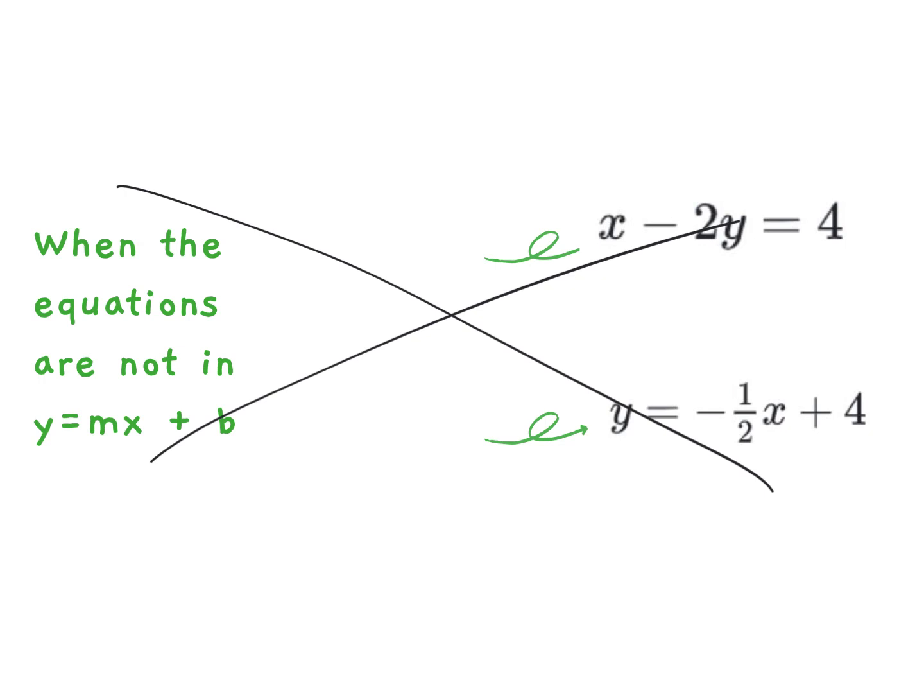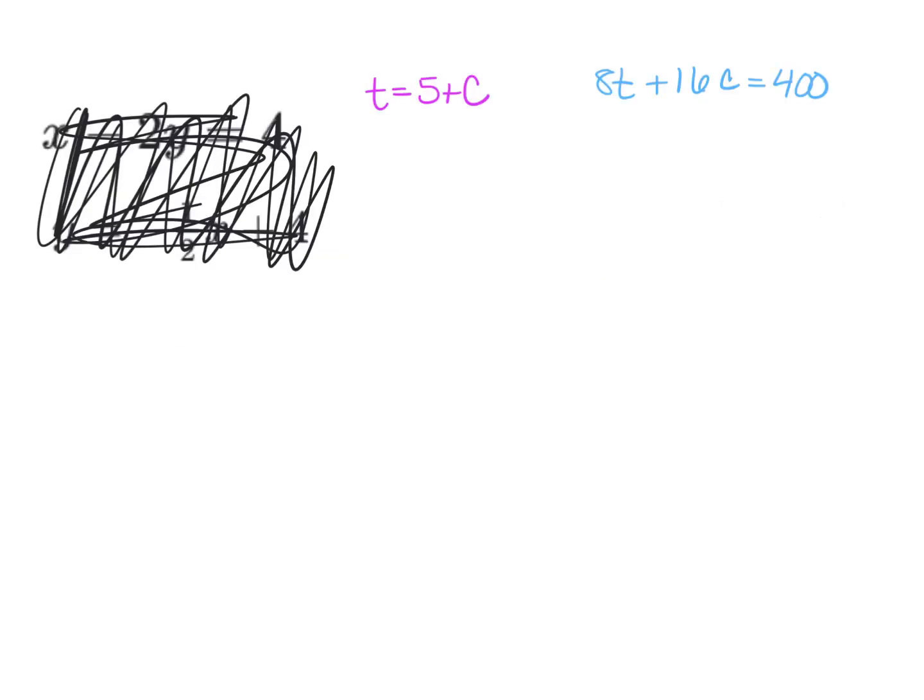So let's go to the next slide and see if we can solve these. Okay, we're going to skip this slide. And here we go. So here are our two equations. We have already set up one of these two equations, as you can see, to be equal to T. So let's go after the second one, and let's solve this one for T also. Then we can set them equal to each other, and we can go ahead and solve. So if we want to solve for the T, we're going to subtract the 16C from each side.